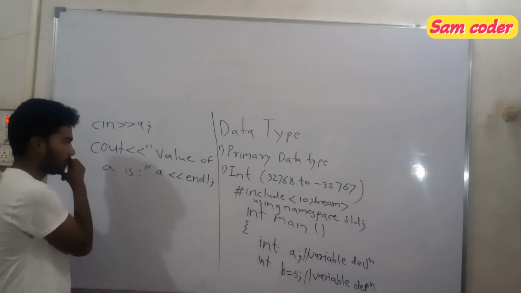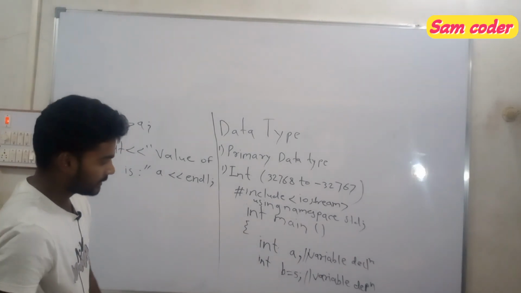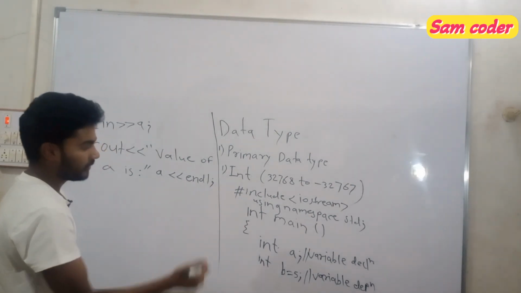After that I will show you what the output will be. There is also a second variable, b, that I have defined there.